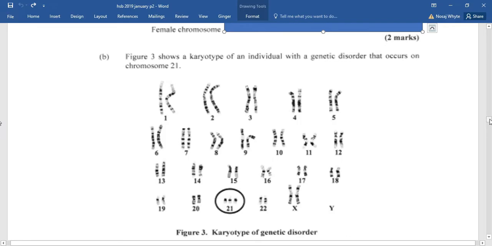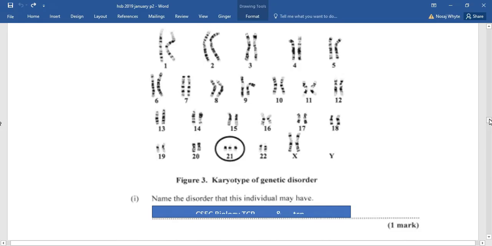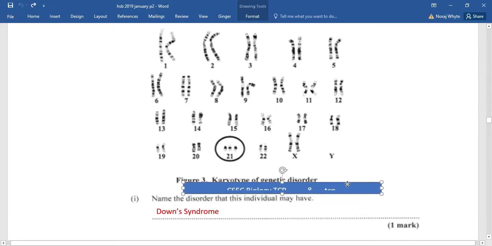Let us look at what the question wants us to answer. It says name the disorder that the individual may have. So it is on chromosome 21, and we're seeing 3 instead of 2. That says to us that the disorder here is, of course, Down syndrome.